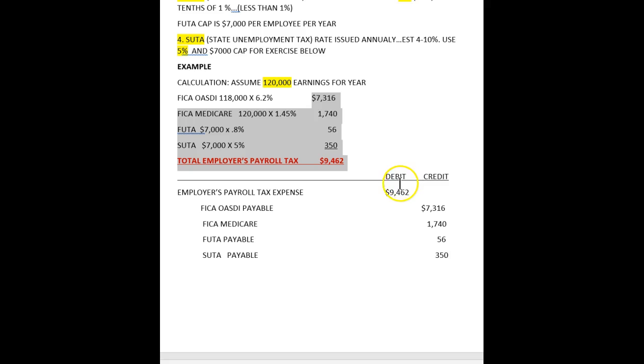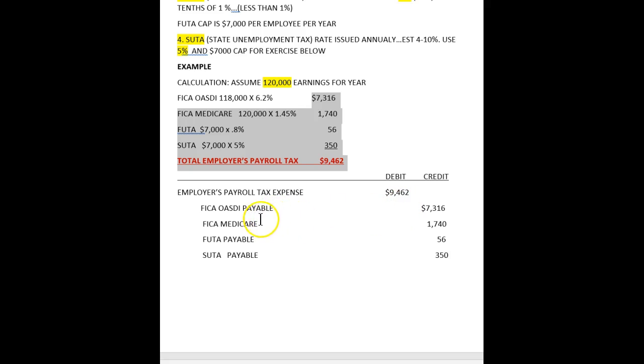I created a little bit of a journal down here with a debit and credit column, showing you that the employer's payroll tax expense is debited for $9,462. That brings on the expense for the extra cost for the employer for taxes, which he has to pay.